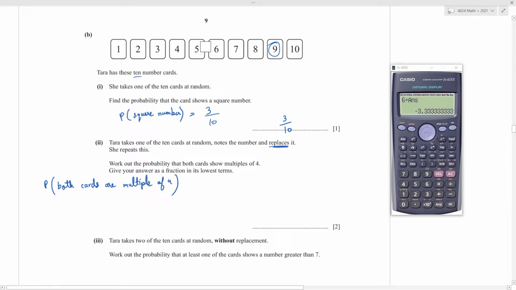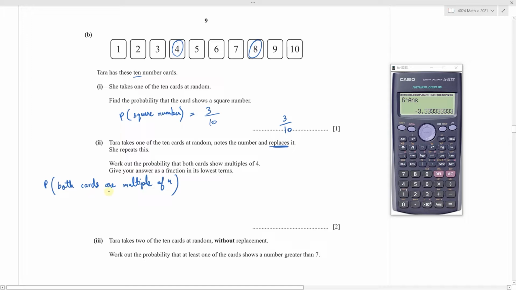So let's look at these cards and see which are multiples of 4. 4 itself is a multiple of 4, and then 8 is a multiple of 4. So 2 out of the 10 cards are multiples of 4.